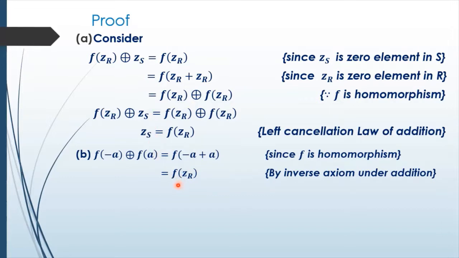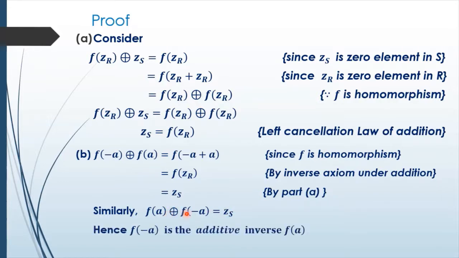Hence this can be rewritten as Zs. So f of minus a plus f of a is equal to Zs. Similarly, f of a plus f of minus a is also equal to Zs. Thus from these two we can say that f of minus a is the additive inverse of f of a. That is, f of minus a is equal to minus f of a. This minus represents that it is the additive inverse.